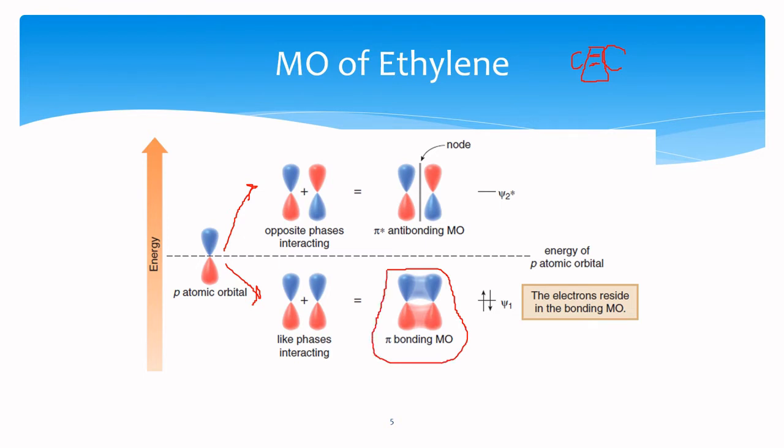In the anti-bonding orbital, there are two phases that are opposite each other. Because the phases are different, they cannot overlap, and they form this pi star antibonding molecular orbital. You notice that there is a node in between these two p orbitals because they do not overlap.